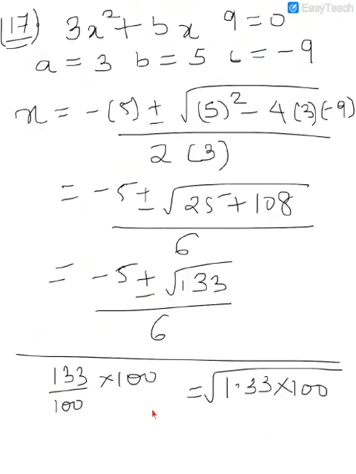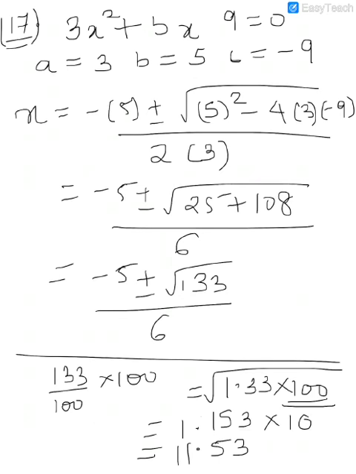I will go back and substitute it. Now here I will write square root of 1.33 was 1.153. Now what is the square root of 100? It is 10. So my final answer, square root of 133, will become 11.53.